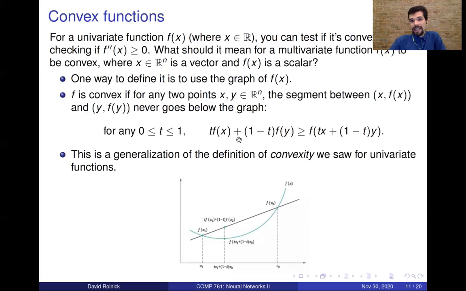This is essentially Jensen's inequality. So this is the Jensen's inequality way to define convexity. And it's also the way that we defined a convex set.